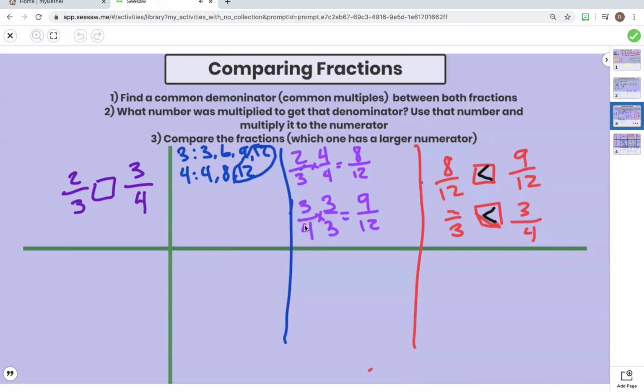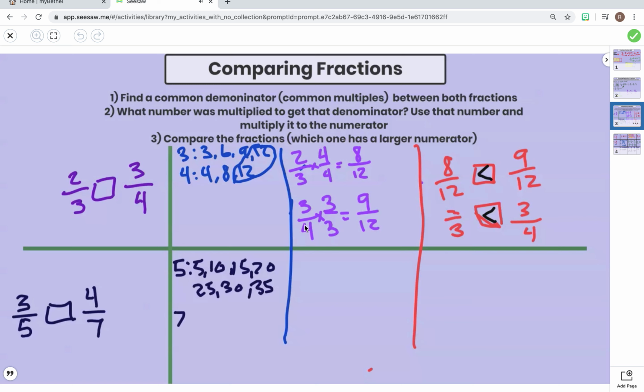Okay, I'm going to do the next one a little bit quicker, so just pause when you're going to try each step. We're going to look at comparing 3/5 or 4/7. Well, I'm going to look at my multiples of 5: 5, 10, 15, 20, 25, 30, 35.